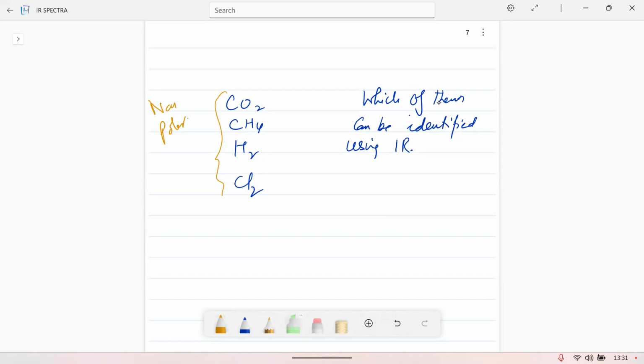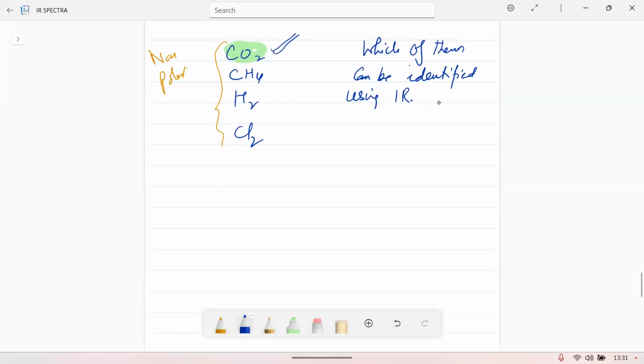But we know only for carbon dioxide, the bonds are polar and the molecule is non-polar because of the shape. So in such a case, only the carbon dioxide can be identified.